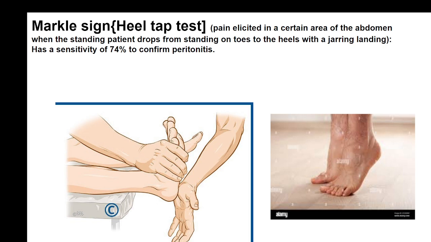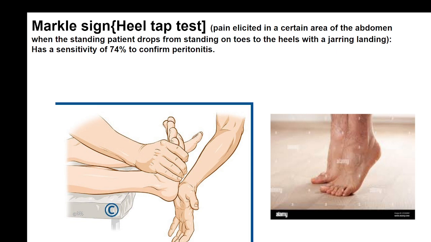Again, it's a similar issue. In the heel tap test, you make the patient lie down, either tap on the heel or ask the patient to stand on the toes and then get down. Now, when there is a sudden pressure on the heel, either by the tapping or the heel coming down during the landing, it may suggest peritonitis. Again, the same issue.